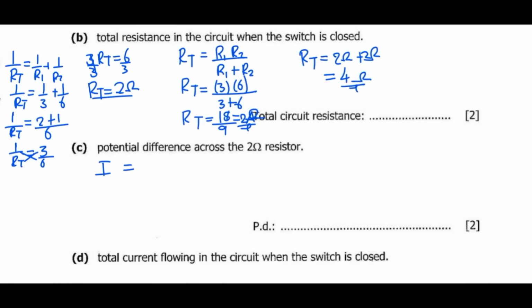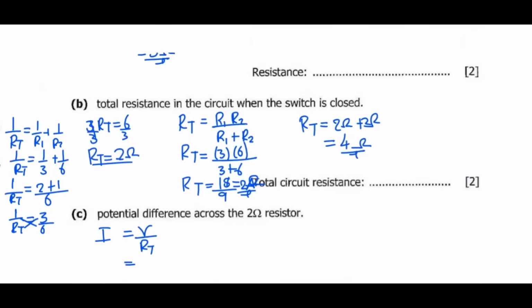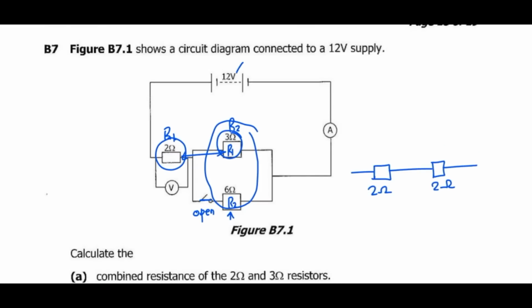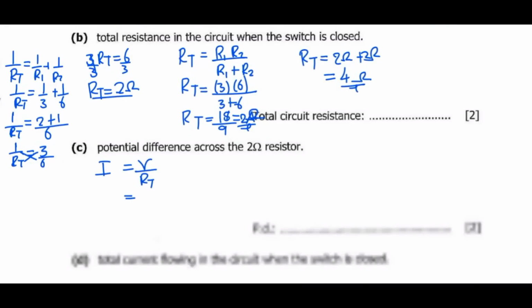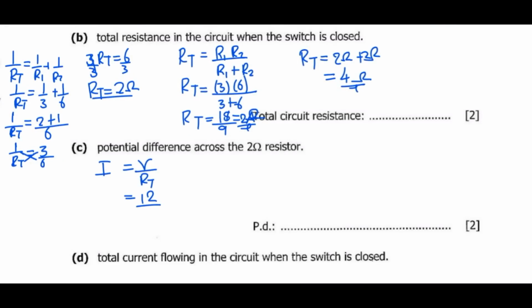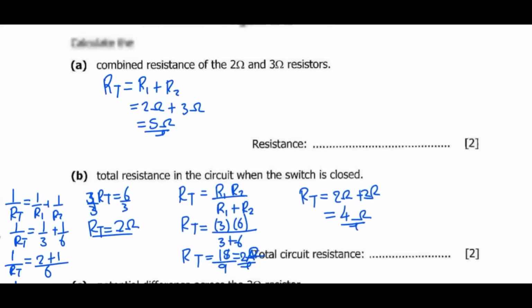So current is equal to voltage over total resistance. For the two that are connected in series, that gave us a 5, and we know that the total voltage is 12. So it's 12 divided by 5, and we get 2.4 as our current.